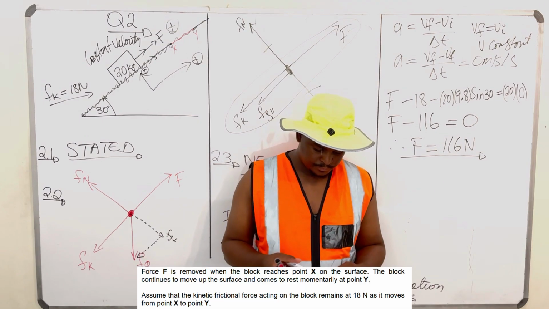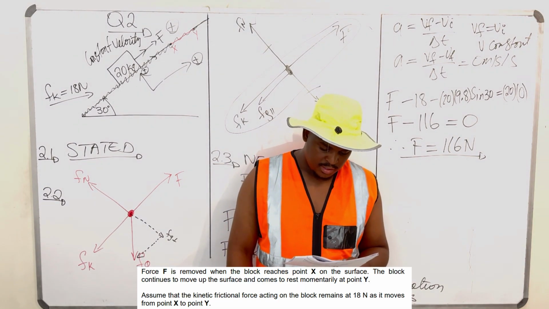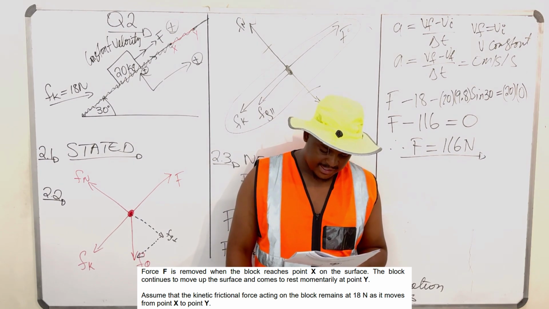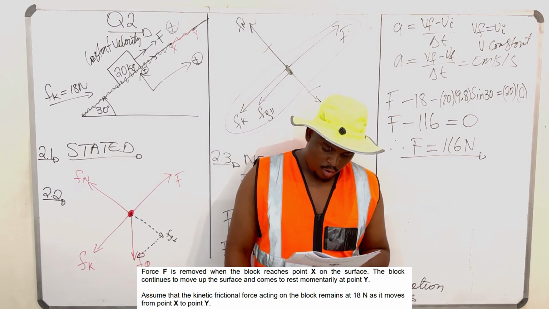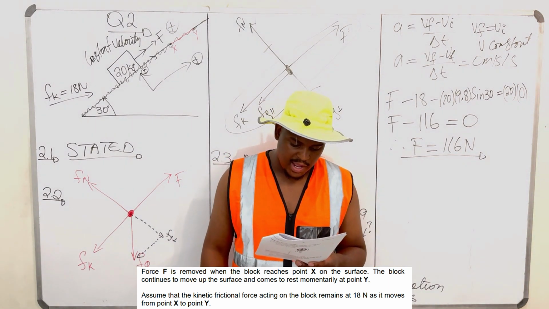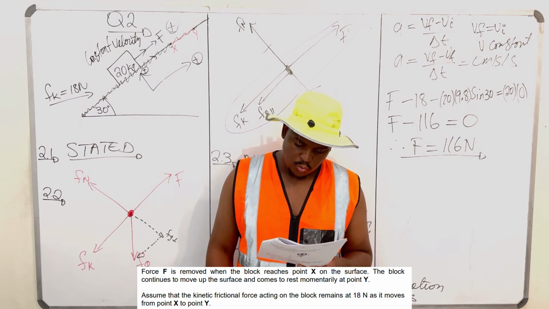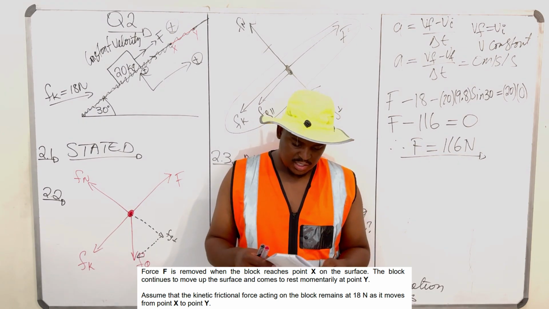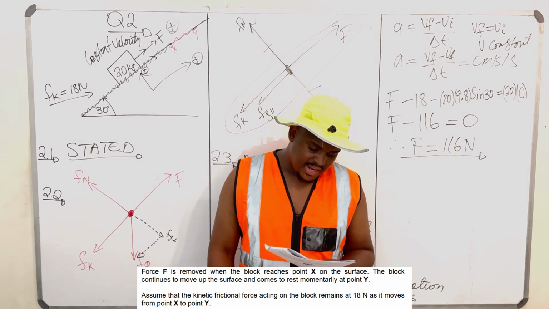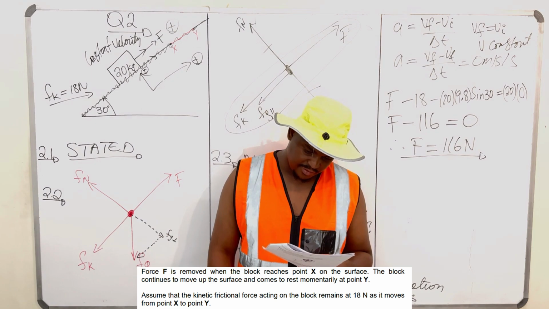So we move on. They are saying now the force F is removed when the block reaches point X on the surface.